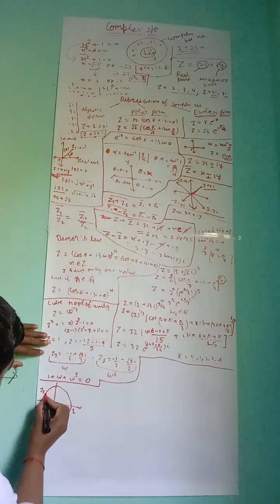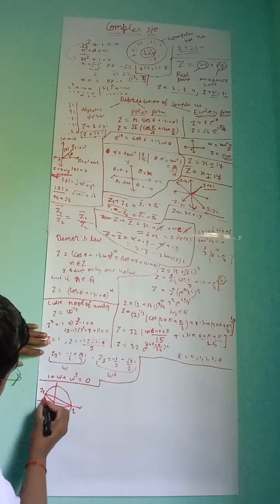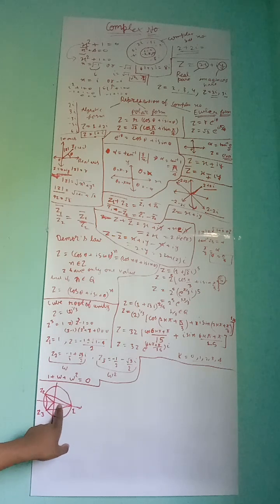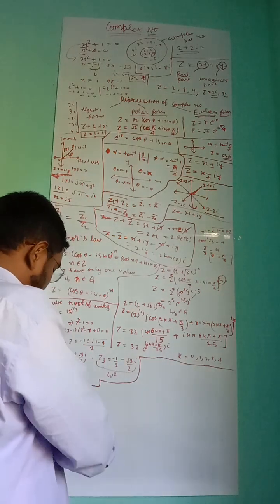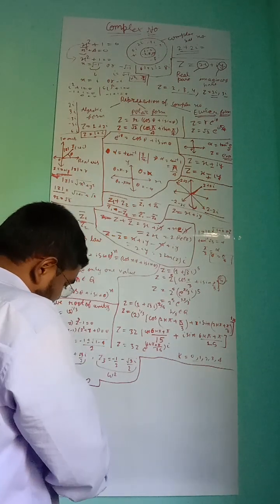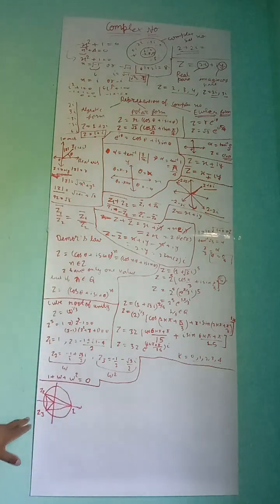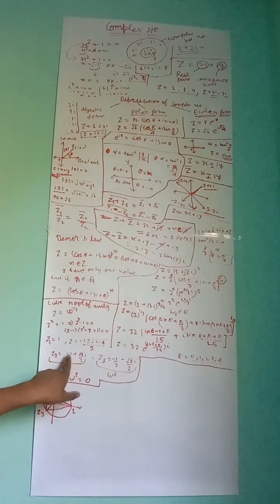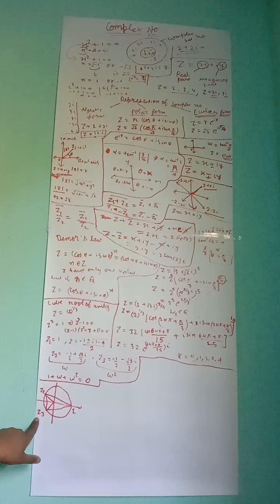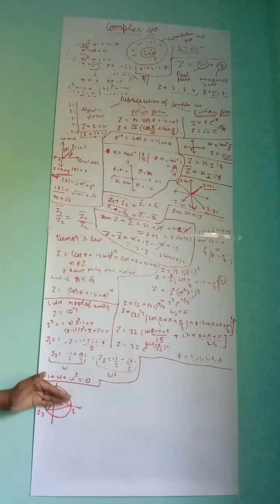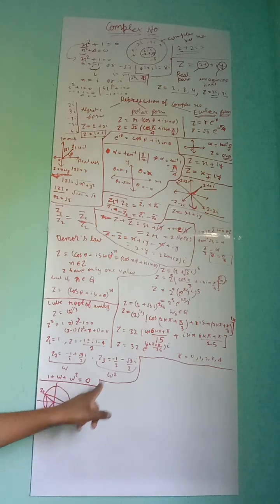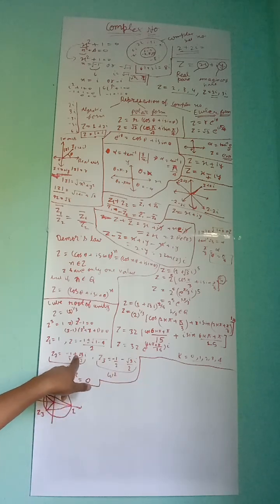So the lines joining them form an equilateral triangle. If we calculate, all these values are equal. This is my equilateral triangle. And see that the conjugate of Z2 is Z3, the mirror image about the real axis.